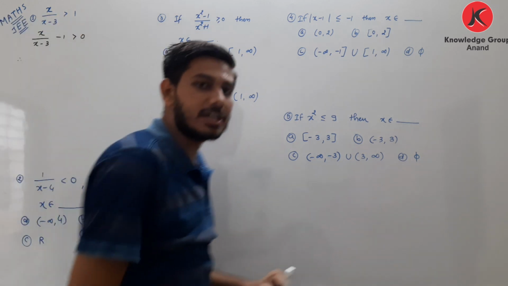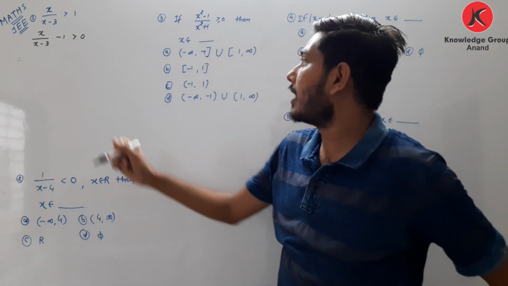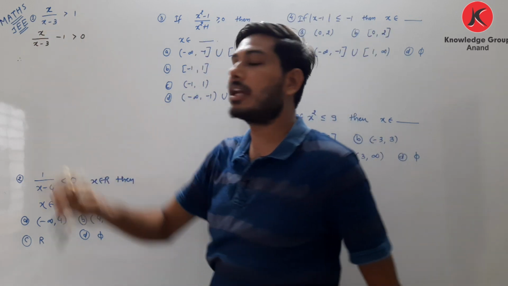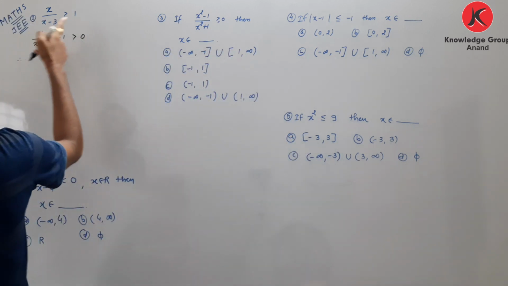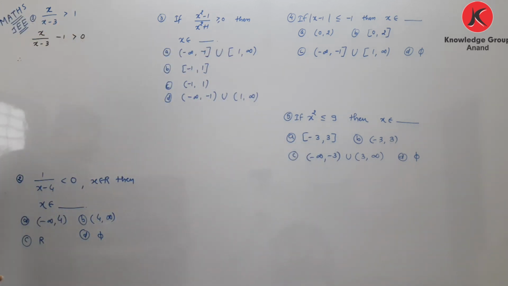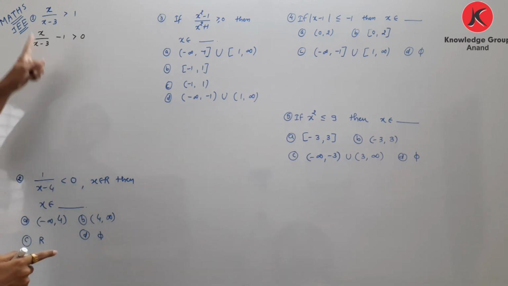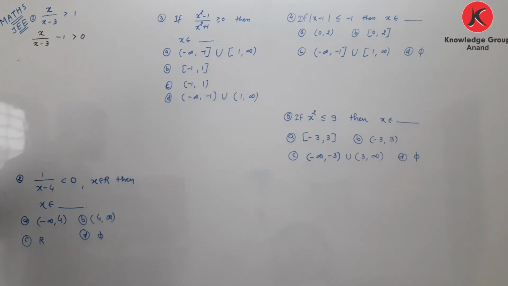Therefore, we can't multiply by x minus 3 directly, because we don't know whether x minus 3 is positive or negative. This is a variable term, so we can't decide without any given condition.